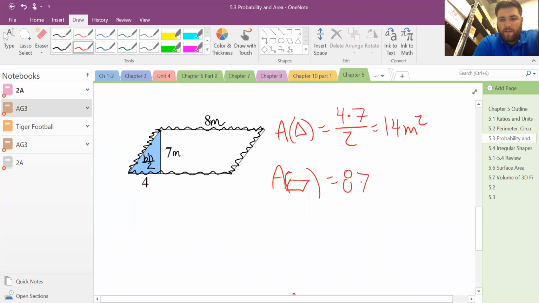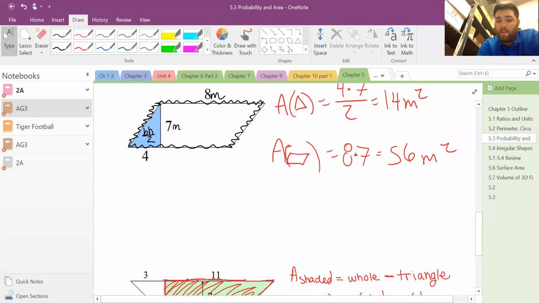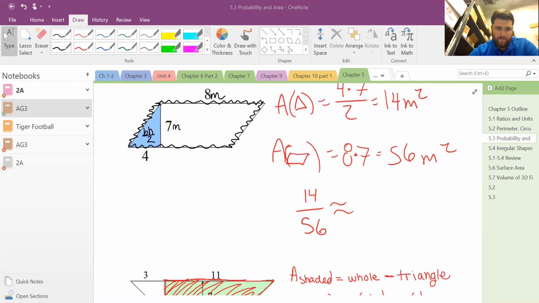So 8 times 7 is going to be what? 56. Base times height, meters squared. So now I take my wanted, my 14, divide that by my 56, and we approximately get 25%, 1/4.